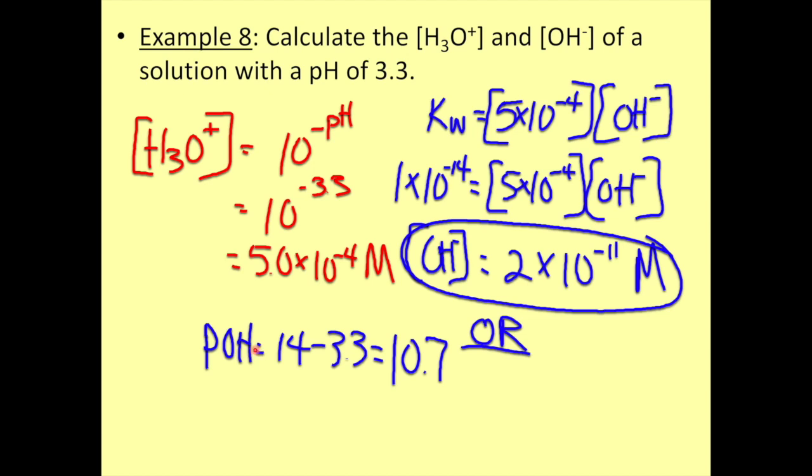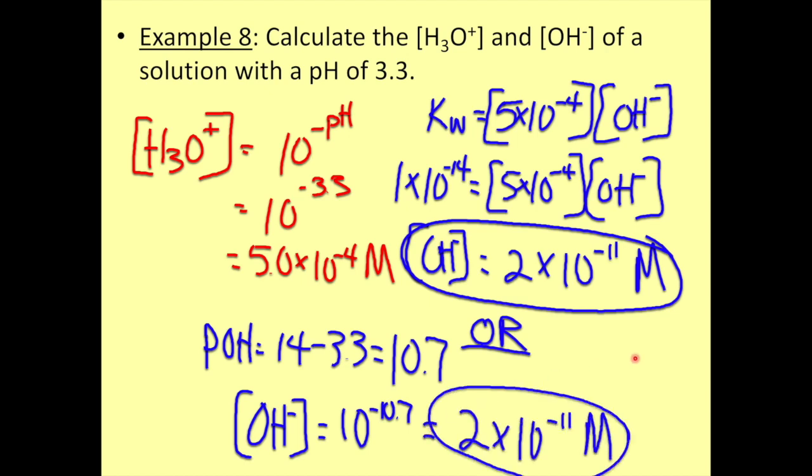We know that the pH and the pOH have to add up to 14, right? So 14 minus 3.3 is going to be your pOH. So now I can just find my hydroxide concentration by using the same formula, 10 to the minus 10.7, and I find out that my concentration of hydroxide is 2 times 10 to the minus 11.